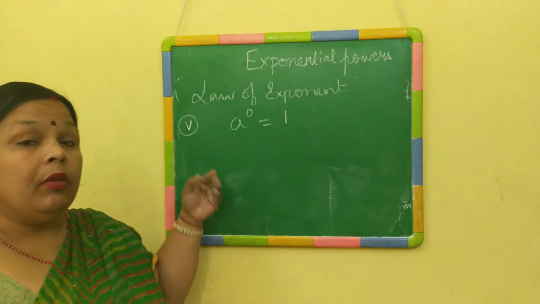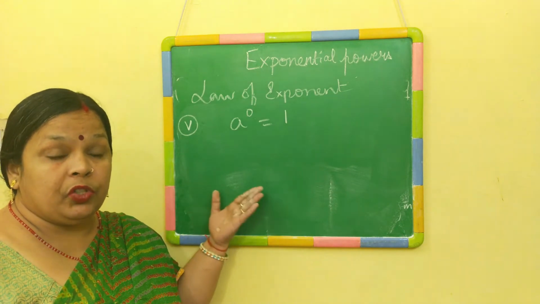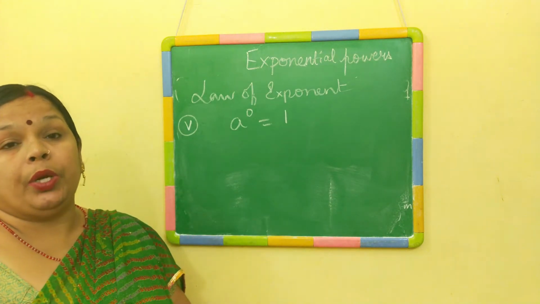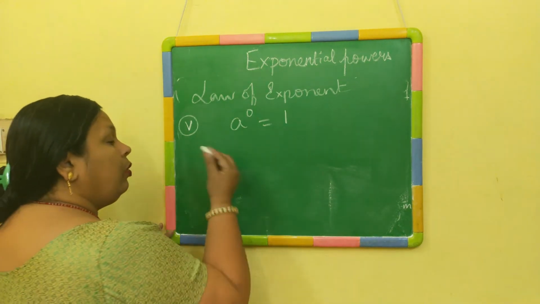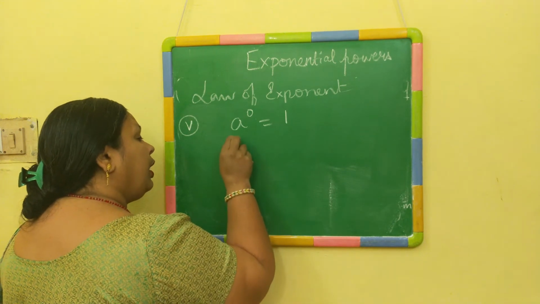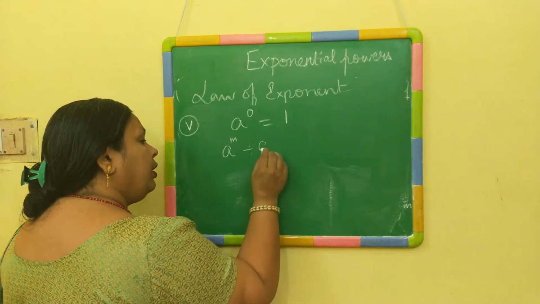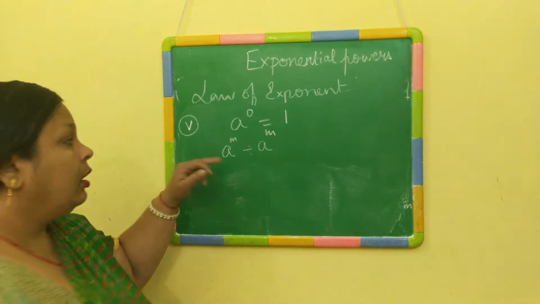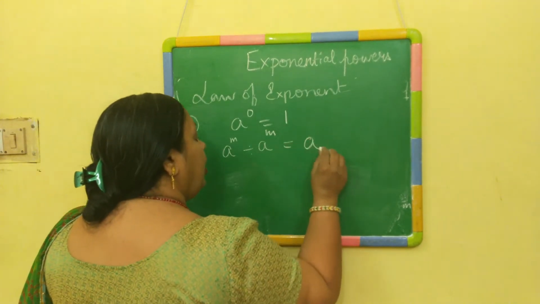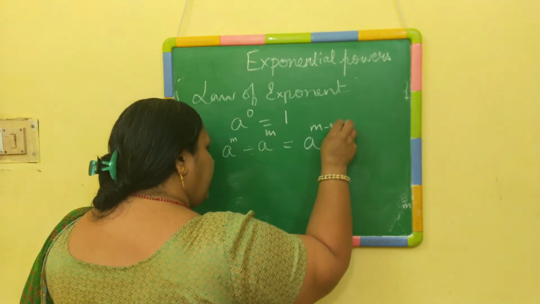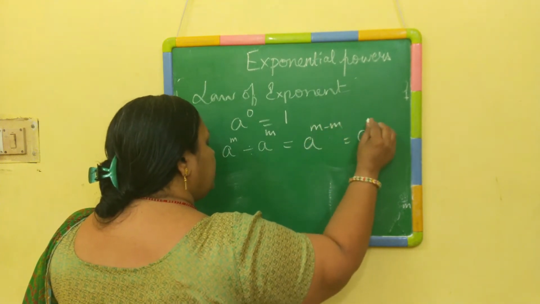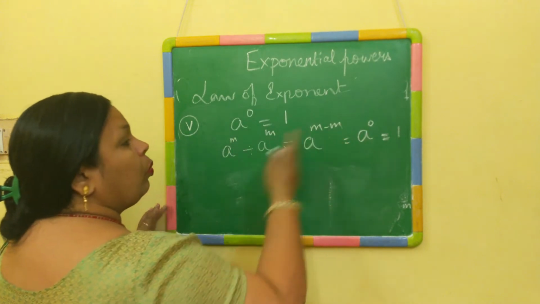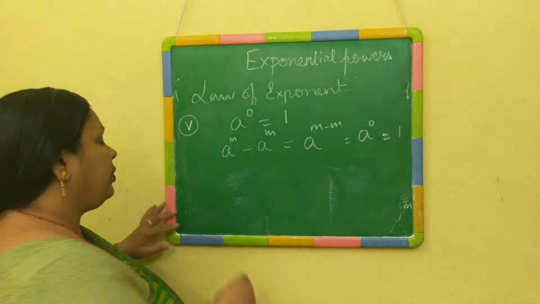Now here we will be checking when m is equal to n in the third law. How will we check? See, a power m divided by a power m. Clear? This will give you a power m minus m, and that is a power 0, which we are saying is 1. How is it?